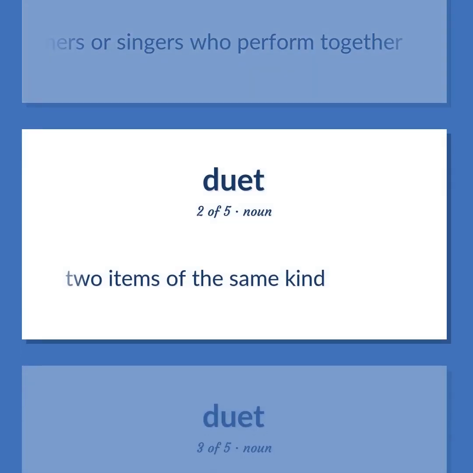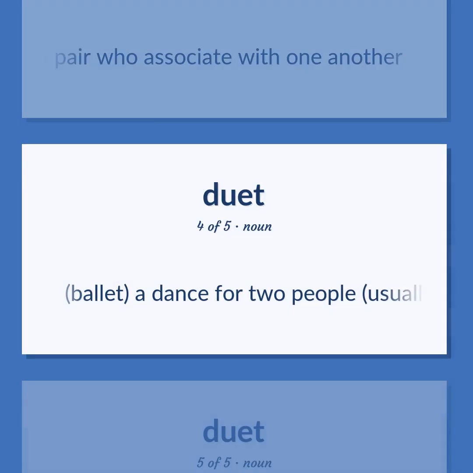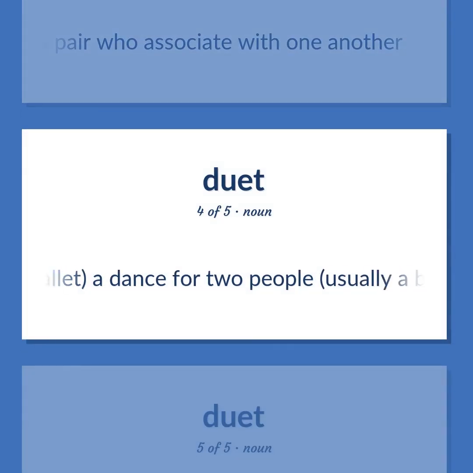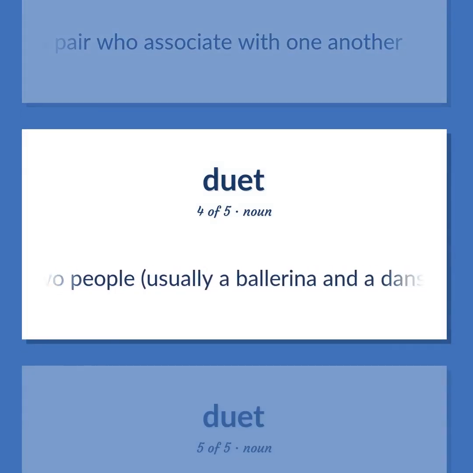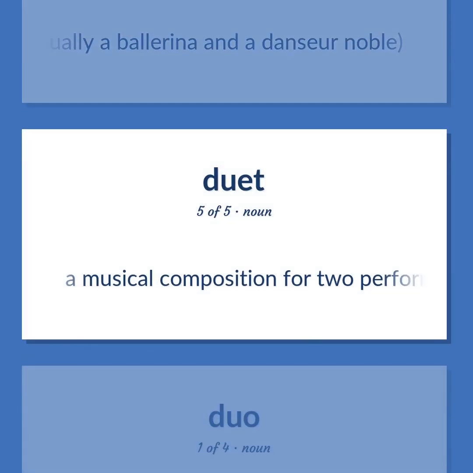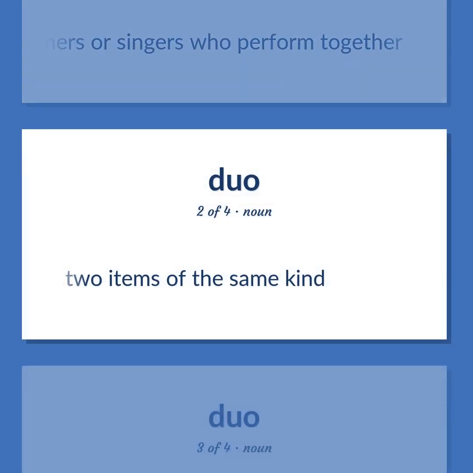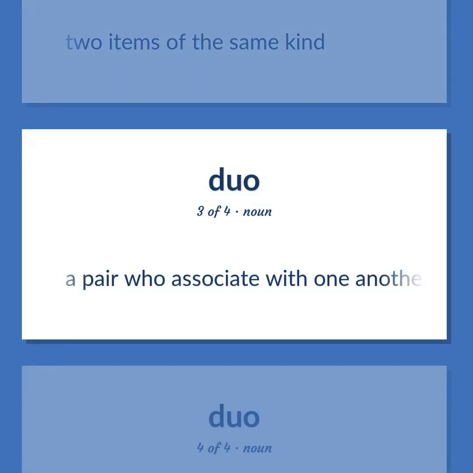Two items of the same kind. A pair who associate with one another. Ballet. A dance for two people, usually a ballerina and a danseur noble. A musical composition for two performers. Two performers or singers who perform together. A pair who associate with one another.